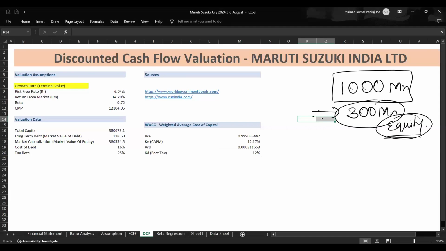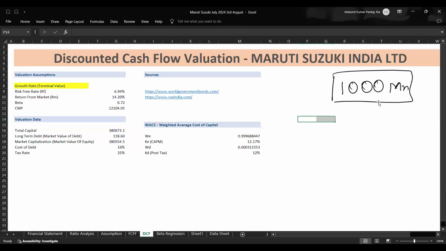Out of 1000 million, 300 is contributed by equity. So can I say that is 30% of total capital? It means that weight of equity is 30%. What is the interpretation of weight of equity? Out of the total capital, what percentage is contributed by equity? That is weight of equity. Okay. Was I clear this time? Perfect.